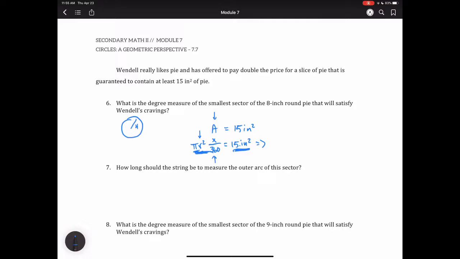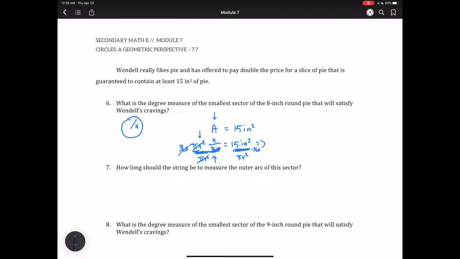So I'll divide by pi r squared on both sides, so pi r squared. And then I'm going to get rid of this 360 in the denominator by multiplying both sides by 360. So everything's canceled off on the left side except for x. And I'm multiplying by 360.